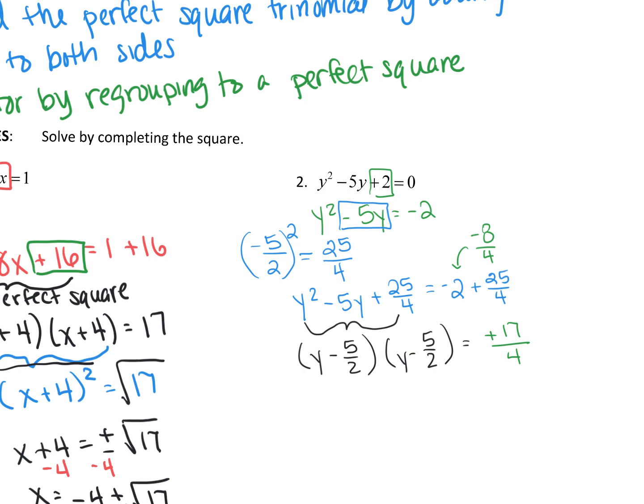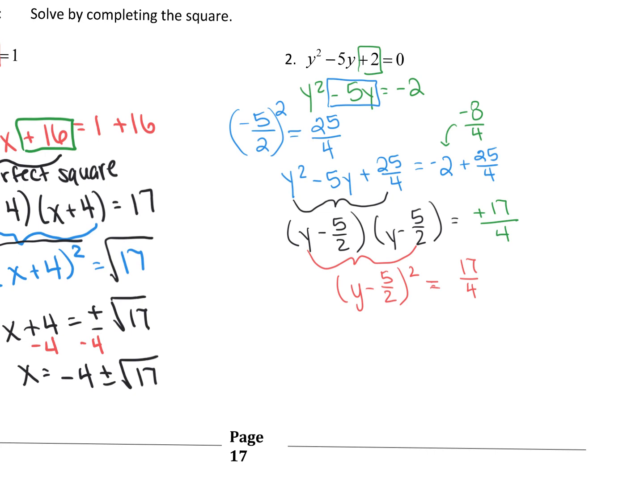So again, we can combine these two things because they're the same into y minus 5 over 2 squared is equal to 17 over 4. Once we're here, anytime you have something like this that squared equals a number, you can take the square root of it.